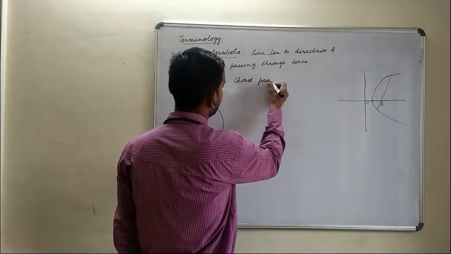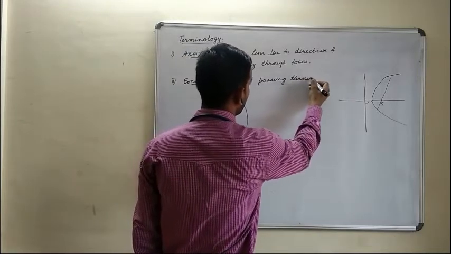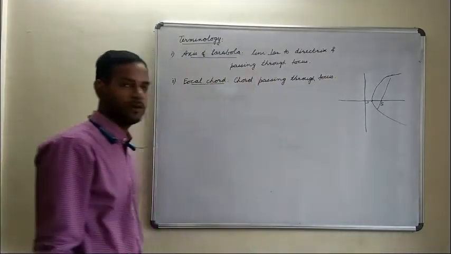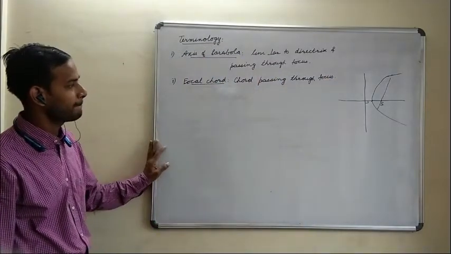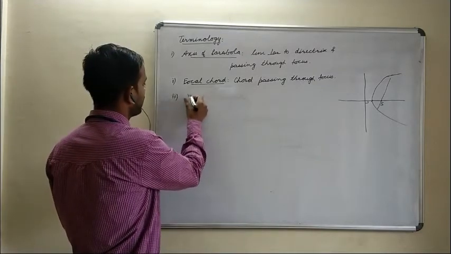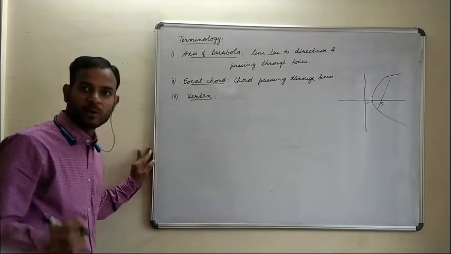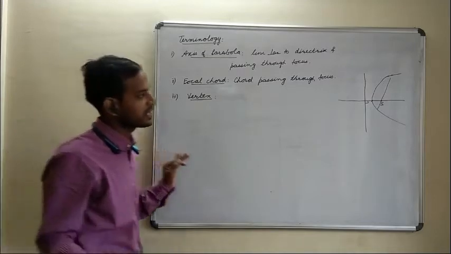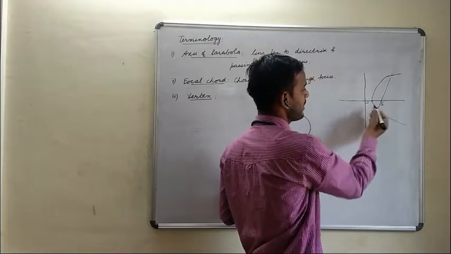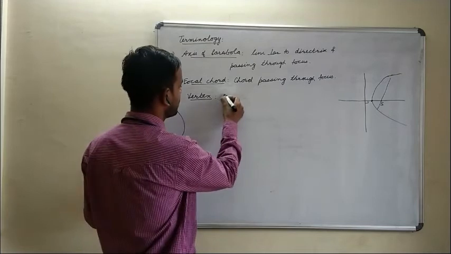Chord passing through focus. Okay. The next would be vertex. So vertex is point of intersection of parabola with its axis. So if this is the parabola and this is the axis of parabola, this will be its vertex.